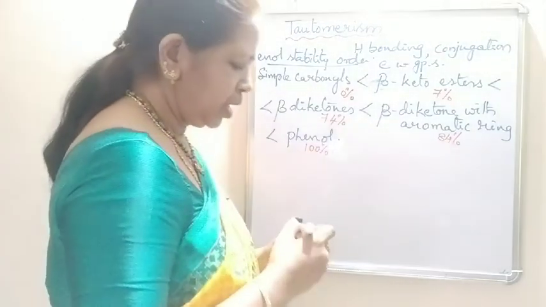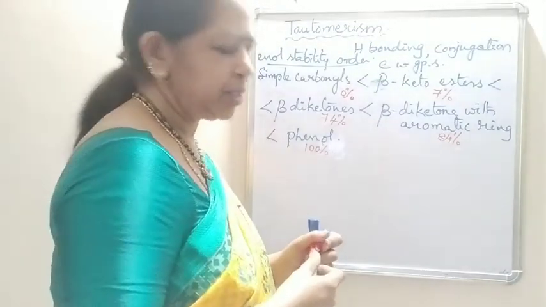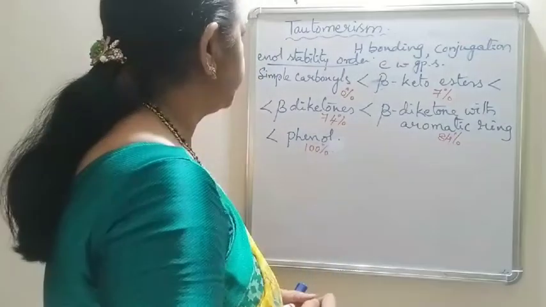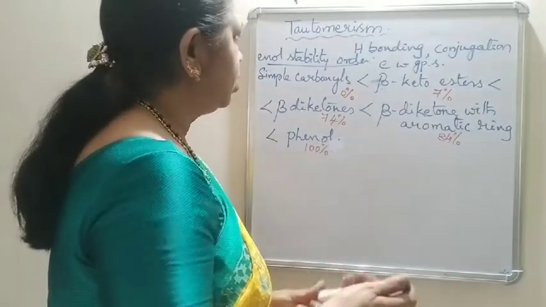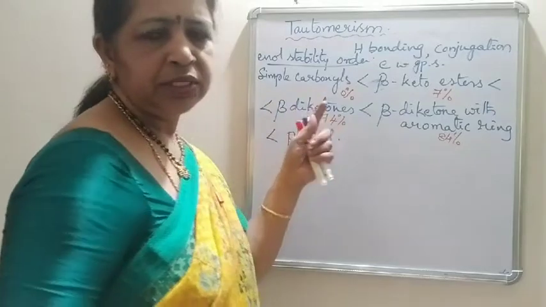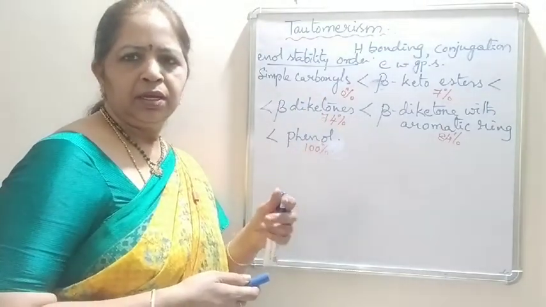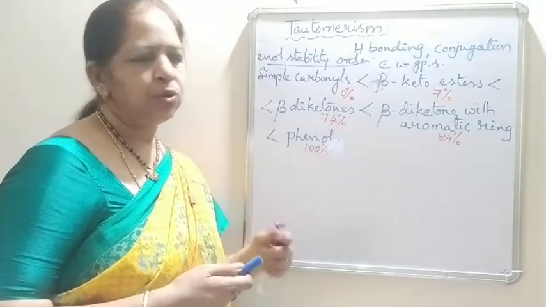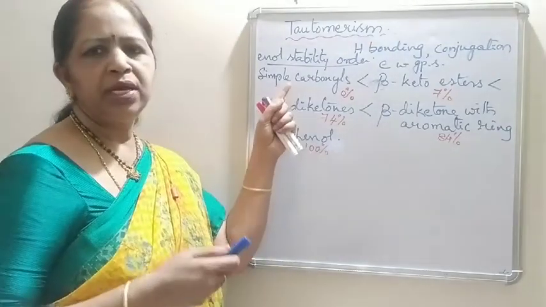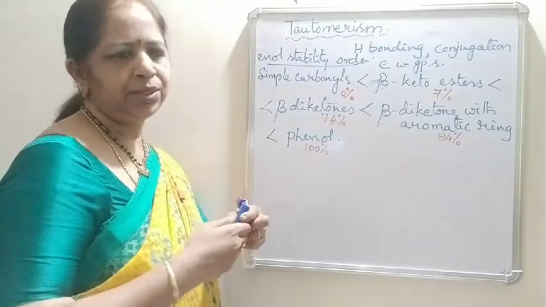Now let us see how the stability increases in these different types of compounds. In simple ketones, we have already seen the ketone C double bond O group is more stable than the C double bond C. So in simple ketones the enol has negligible existence.